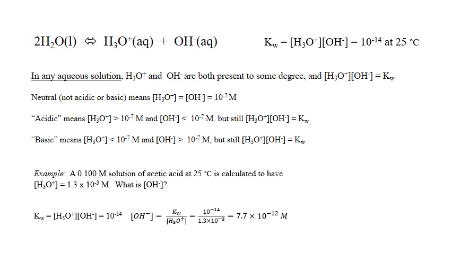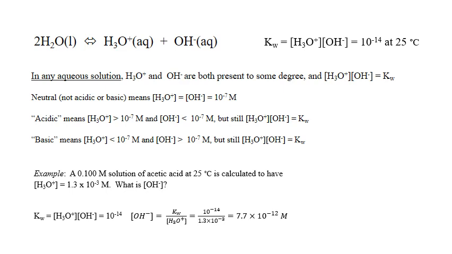10 to the minus 14 divided by 1.3 times 10 to the minus 3 gives you 7.7 times 10 to the minus 12. So very, very small, right? But it's not zero.